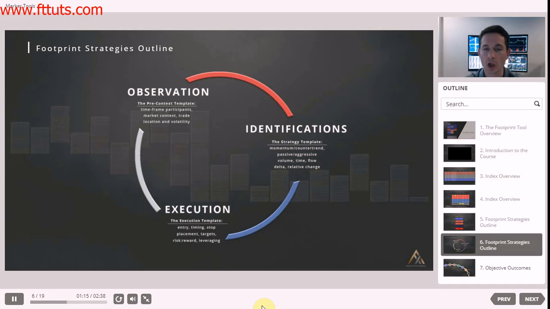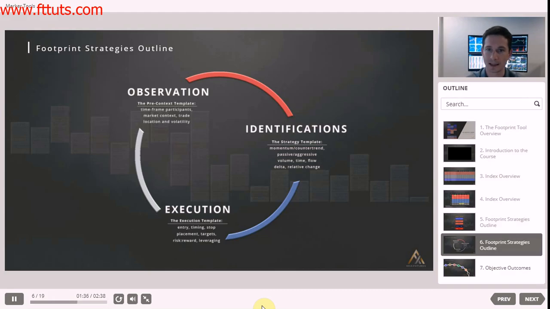So once we've learned to observe the trade strategy, we're then going to learn to identify when that trade strategy is in play. Certain characteristics we're going to look at will include volume, time, flow, delta, and relative change. These characteristics are going to allow us to identify when the trade strategy is in play.